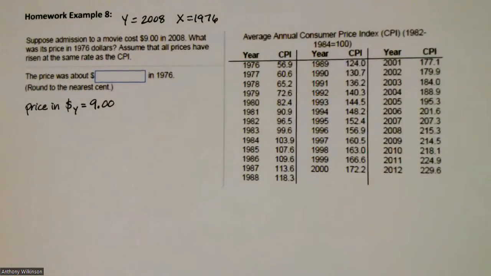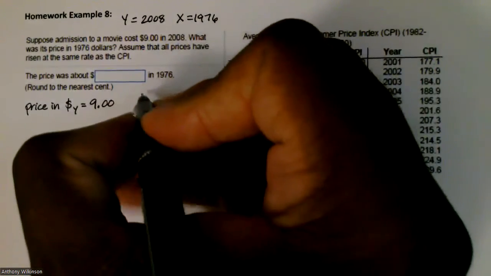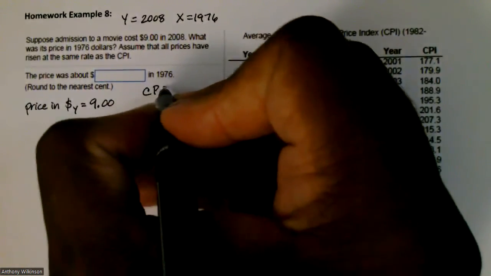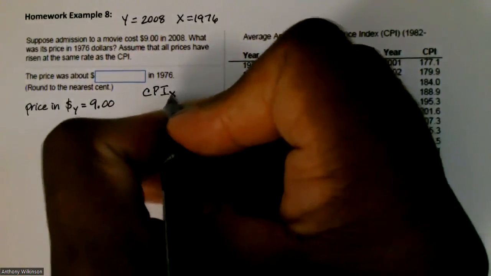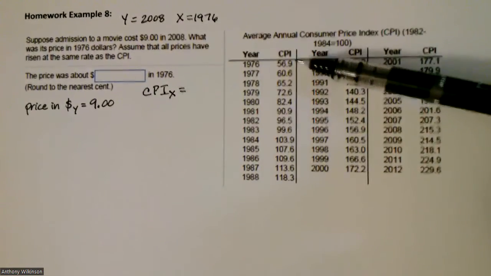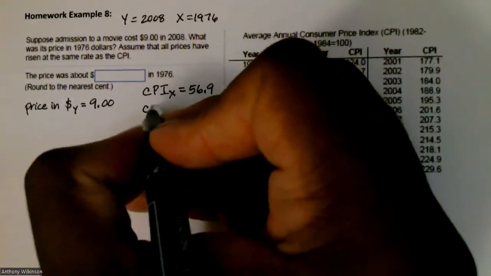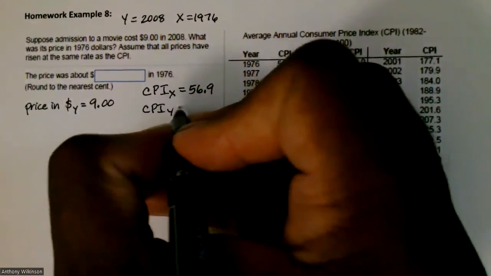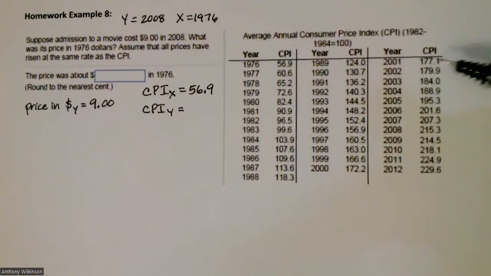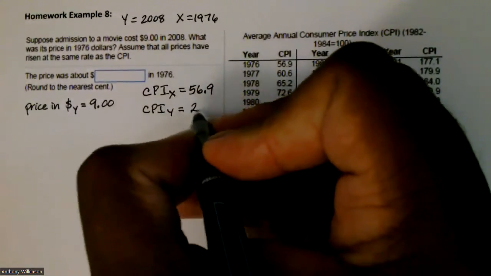The price in dollars for X is what we're trying to find. We also need the consumer price indices. The consumer price index for X, which represents the year 1976, was 56.9. And the consumer price index for Y, which represents 2008, is 215.3.